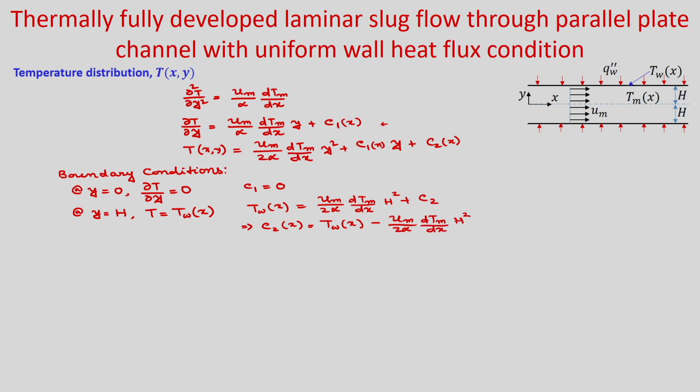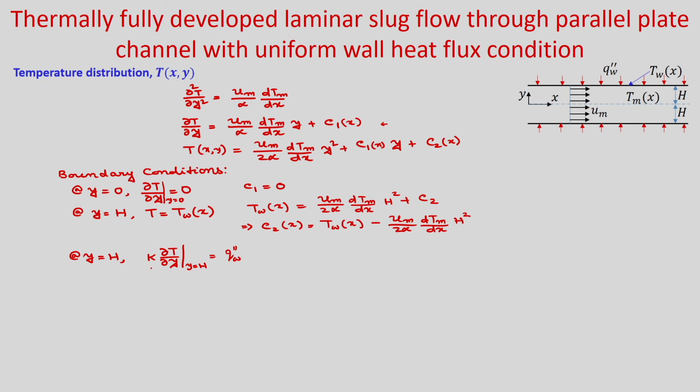So, now let us simplify this (u_m/2α)(dT_m/dx) h² term. Let us apply the boundary condition at the wall, where you have a uniform wall heat flux q″_w equal to constant. Obviously, you can write at y = h, k ∂T/∂y will be q″_w.